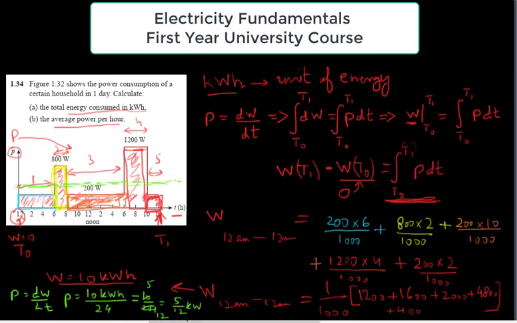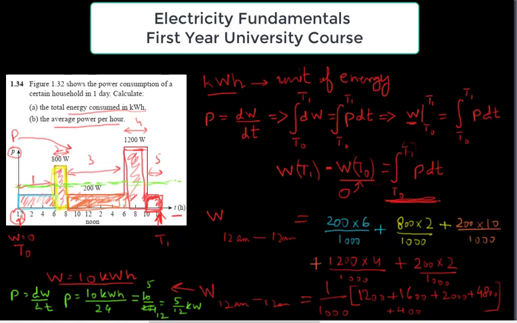This is the amount of power that if the house was consuming every hour, the house would have consumed a total of 10 kilowatt hours of energy. So it's kind of the average power that the house is consuming every hour.